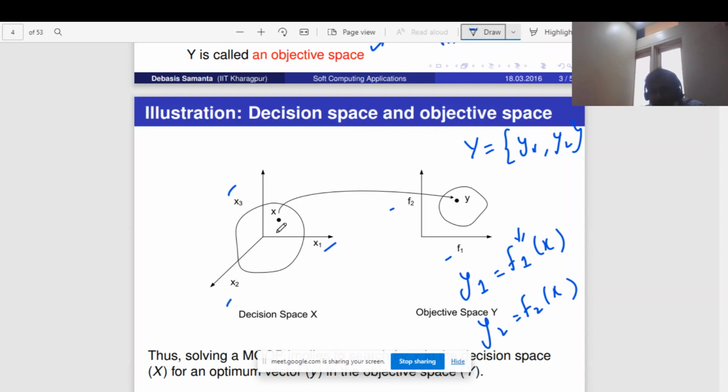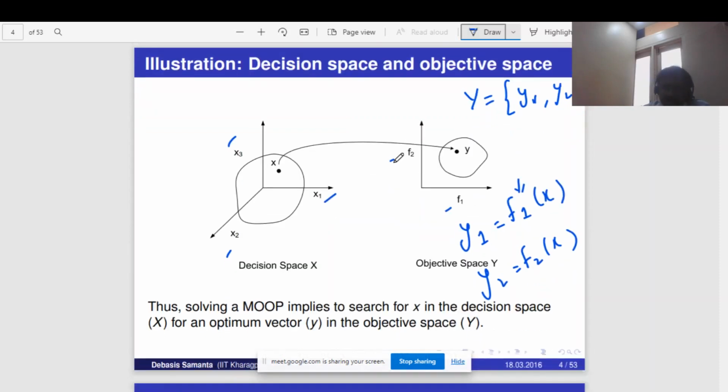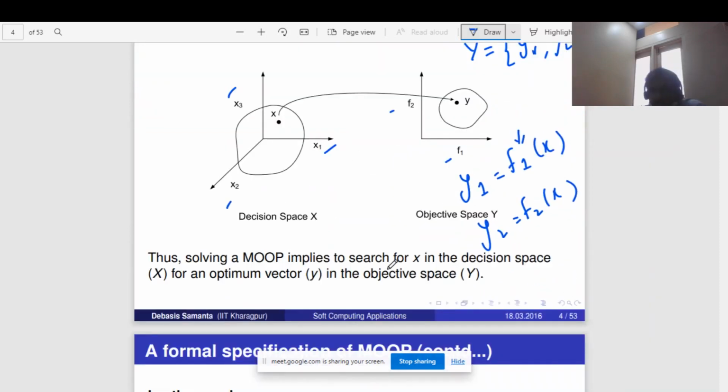Based on that, this x is decided here. So there is a mapping from this input space to this objective space. Based on this input, this output will be decided. Okay. So solving the MOOP implies searching x in the decision space for an optimum vector y in the objective space.